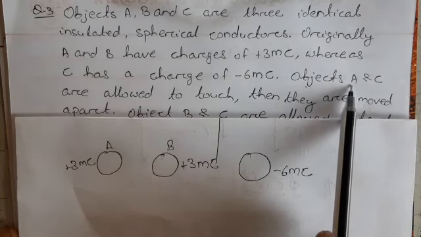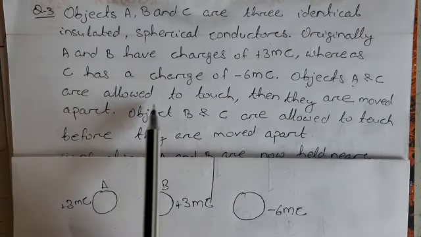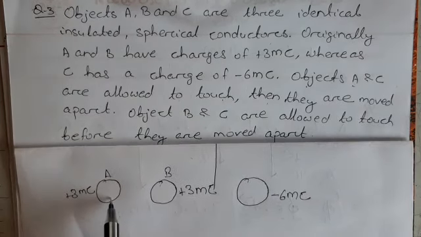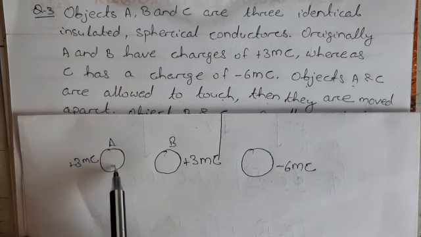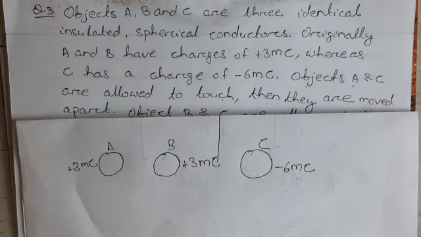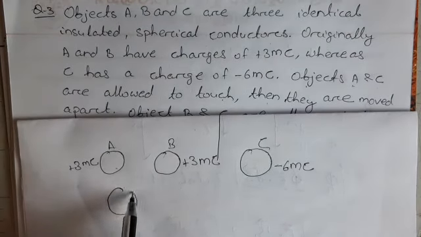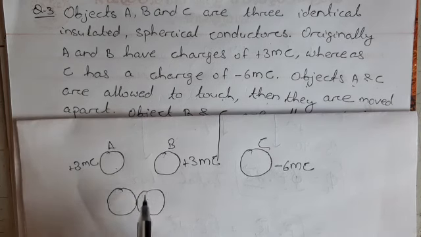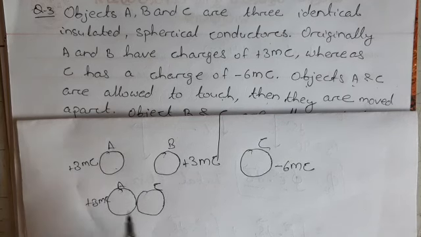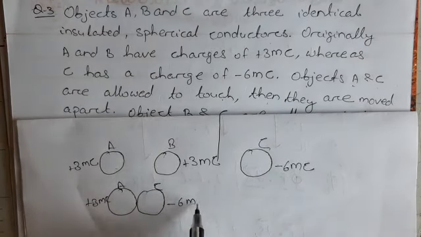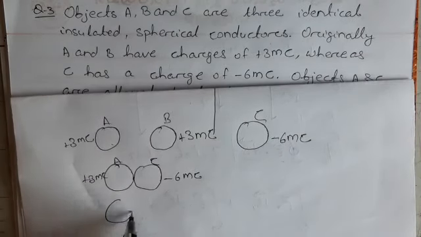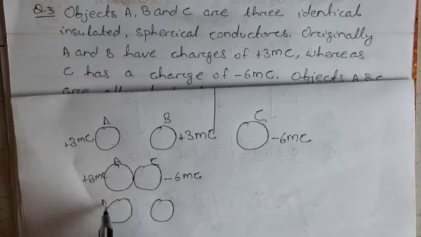Objects A and C are allowed to touch, then they are moved apart. If I touch A and C, this is A, this is C. A has charge 3 millicoulomb, C has charge -6 millicoulomb, and I will separate them.